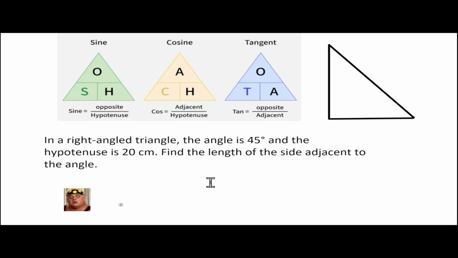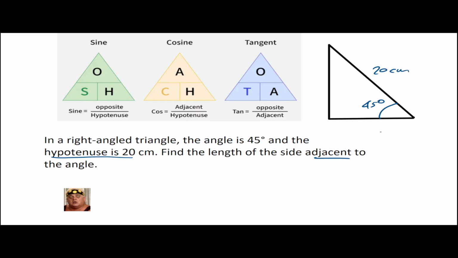Next one, right angle triangle, the angle is 45 degrees this time. And the hypotenuse side is 20 centimeters. Find the length of the adjacent side.